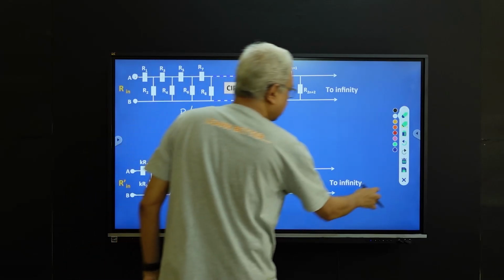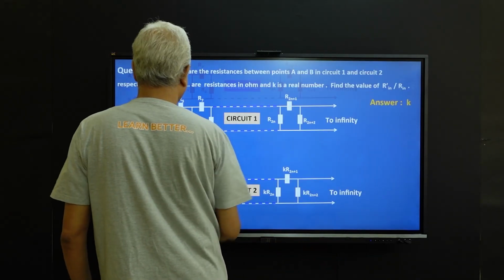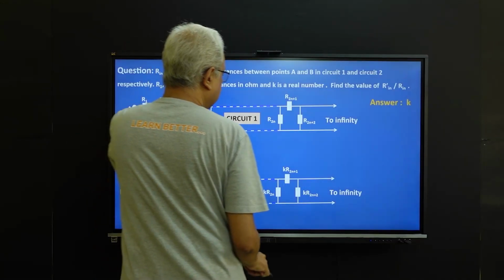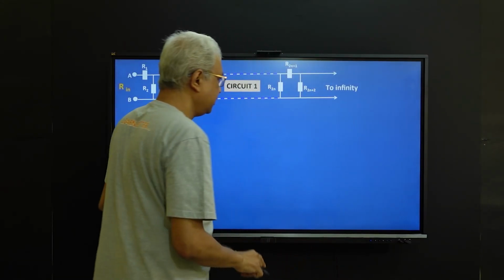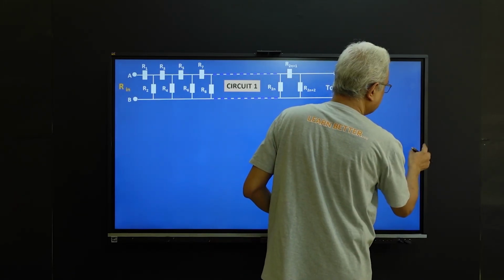Okay. So this is a very interesting problem in solving various other types of problems, like I will explain.